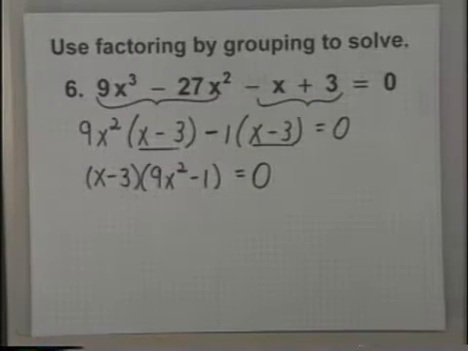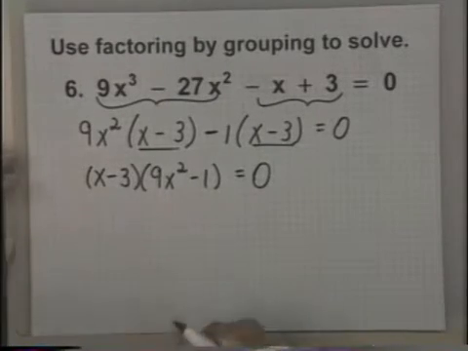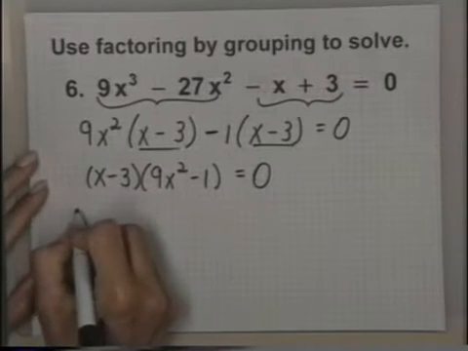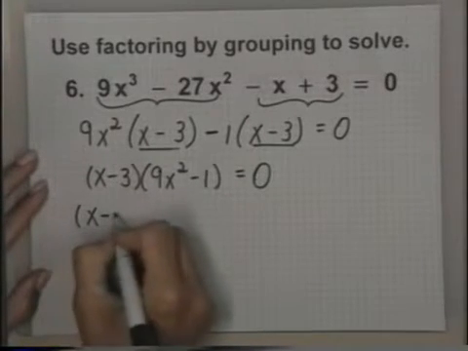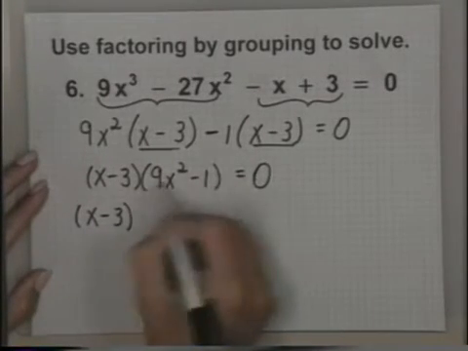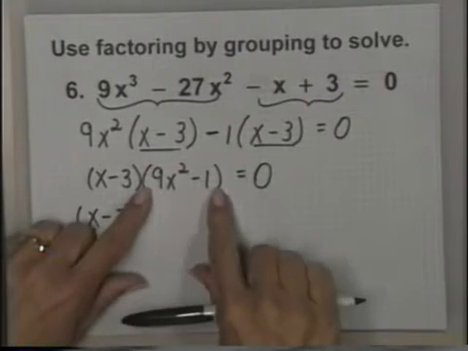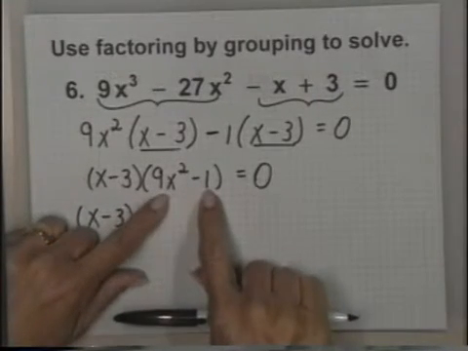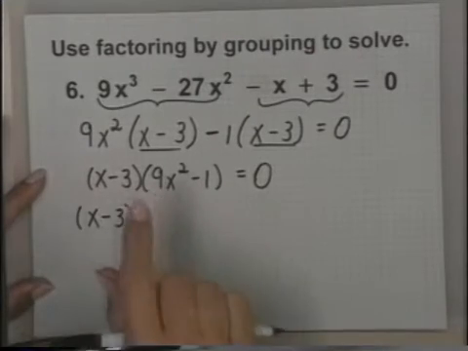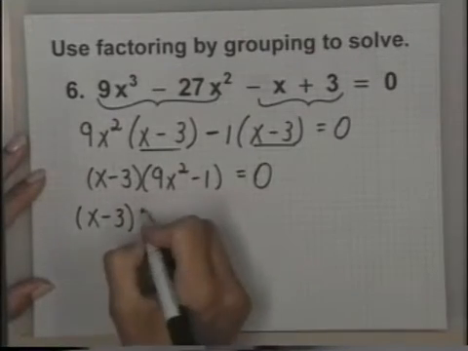The question is, is each factor a prime factor? Can I factor either of these factors anymore? Well, x minus 3 is a prime factor. But what about 9x squared minus 1? It's the difference of squares, isn't it? So I can factor the 9x squared minus 1.